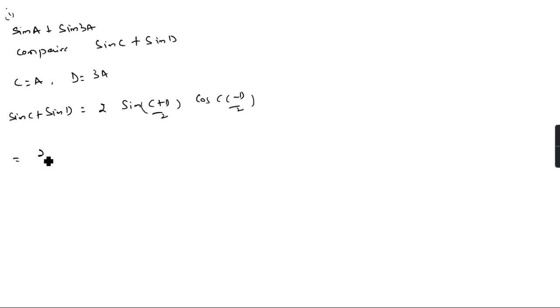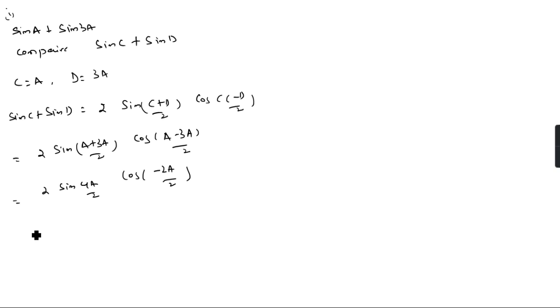So therefore this is nothing but 2 sin of (A plus 3A) by 2 cos of (A minus 3A) by 2. This is nothing but 2 sin of 4A by 2 cos of minus 2A by 2.